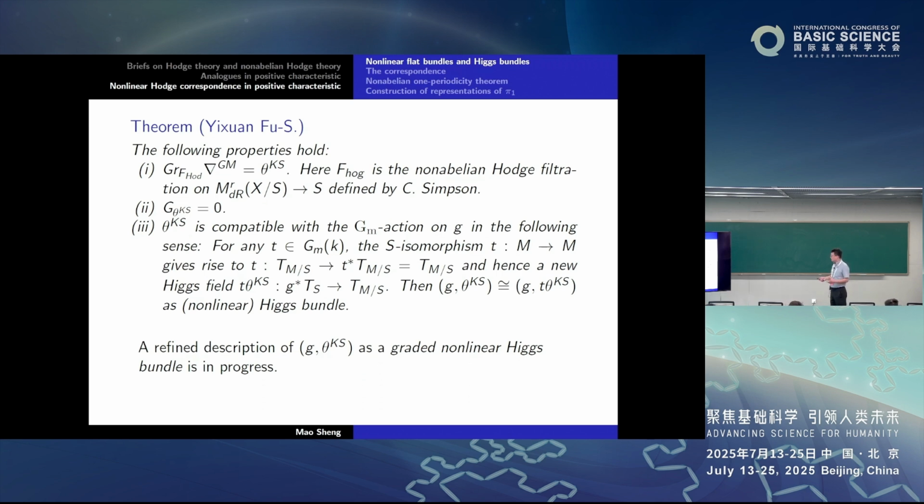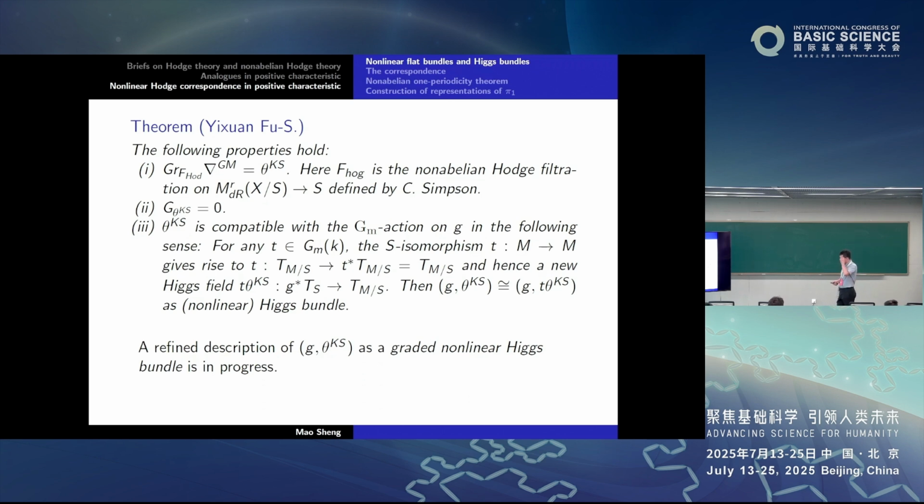In the case when the base S is a curve, this integrability condition is vacuous, so it is always integrable. The second statement is that no matter what the base is, you always have the integrability, so that we get a nonlinear Higgs bundle defined as above. The third property is about the gradedness. You have the fiberwise G_m action on G, and the third part says that the Kodaira-Spencer map is compatible with this structure.